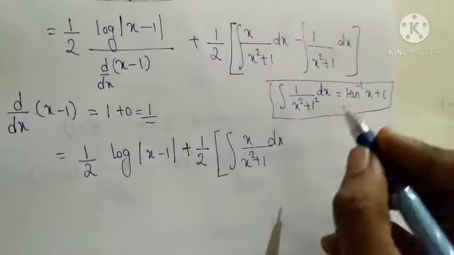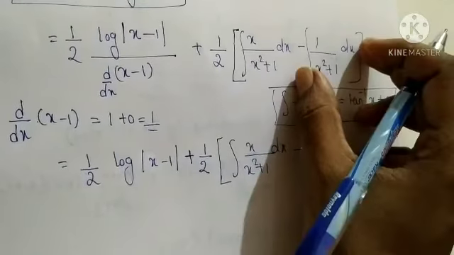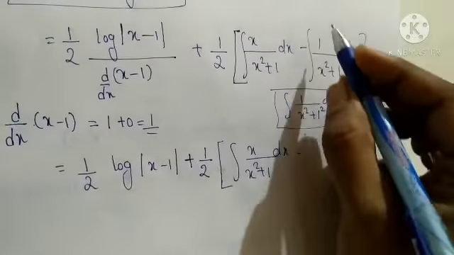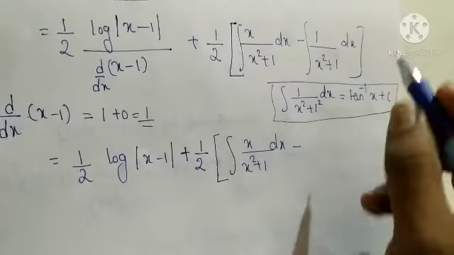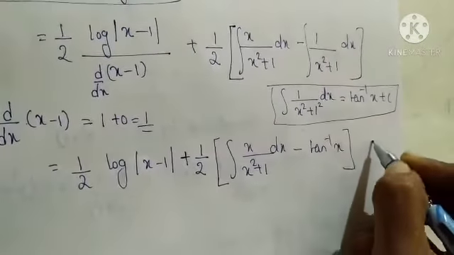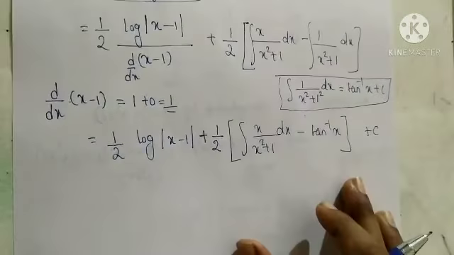So I am going to write the answer of this integral as, don't forget to write this minus here, so the value of integral 1 divided by x square plus 1 dx is tan inverse x. Okay, also write this plus c here.